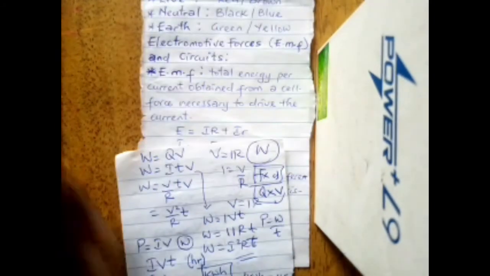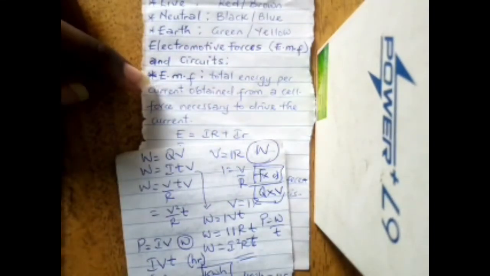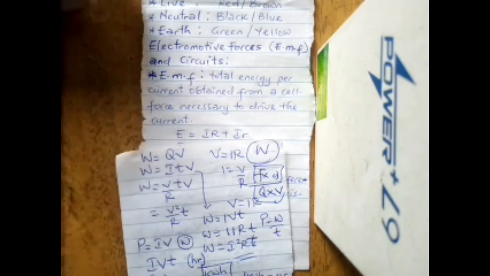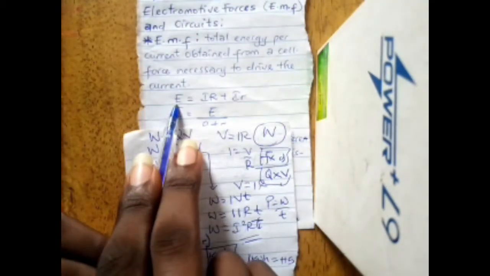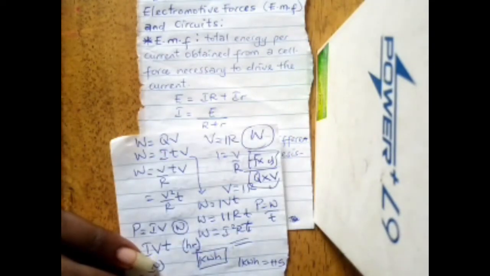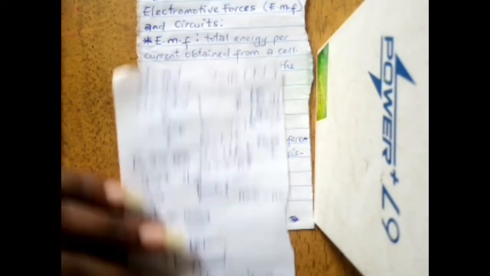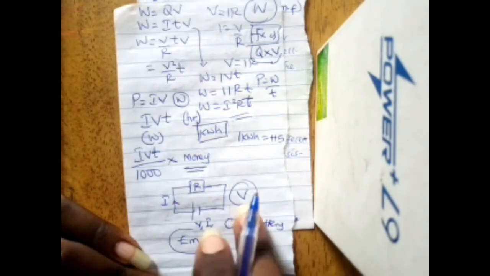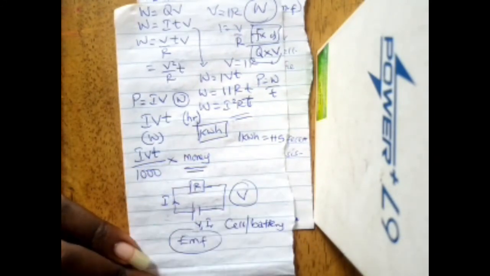So the electromotive force is the total energy per current obtained from a cell, or the force necessary to drive the current. The electromotive force E is equal to the sum of the voltages throughout the circuit.